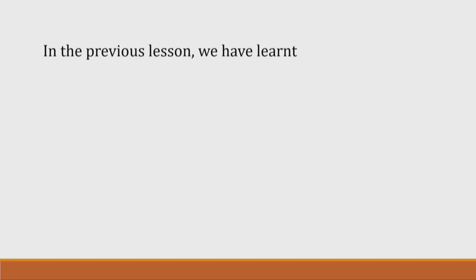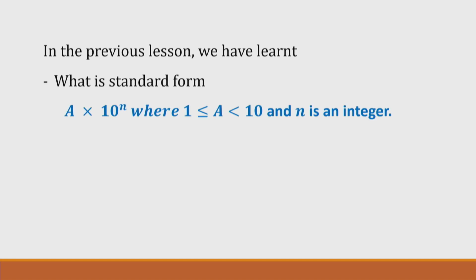In the previous lesson, we learned what standard form is. That is a number written in the form a times 10 to the power of n, where 1 is less than or equal to a, less than 10, and n is an integer. So any number written in this form, satisfying the two criteria, will be in standard form.